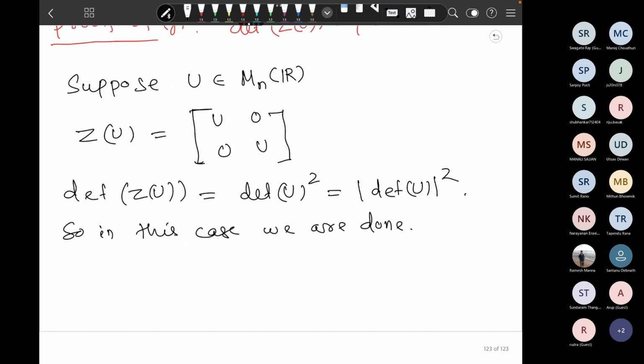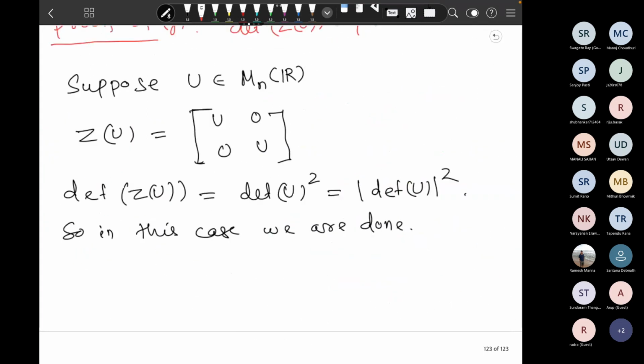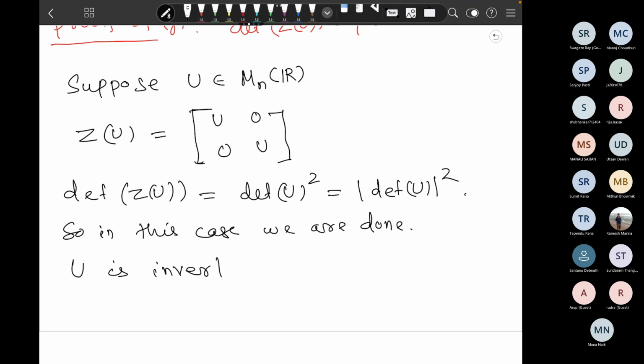I have told you that GLnC is nothing but the set of T belonging to GL2nR such that TJ is equal to JT. This in particular implies, as we discussed in the past class, that U is invertible if and only if ZU is invertible.